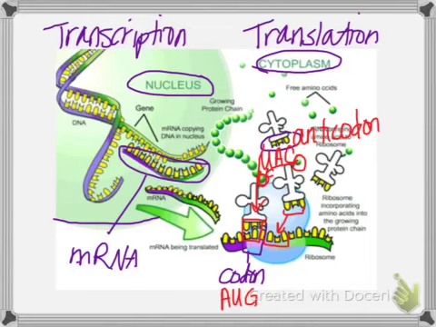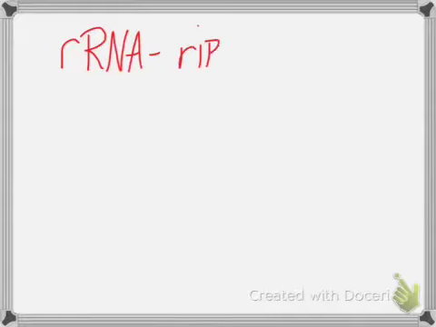So just to review, some of the RNAs are rRNA. That is basically what makes up the ribosome, the site in which proteins are made.